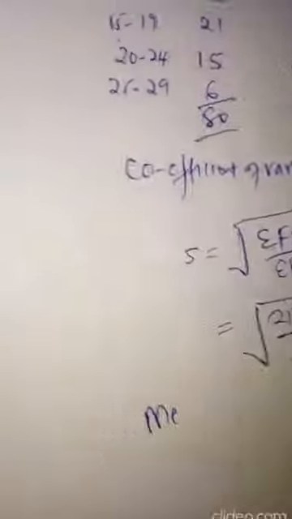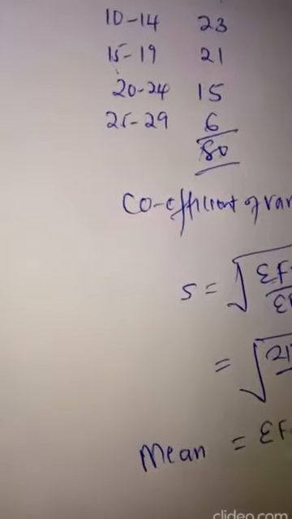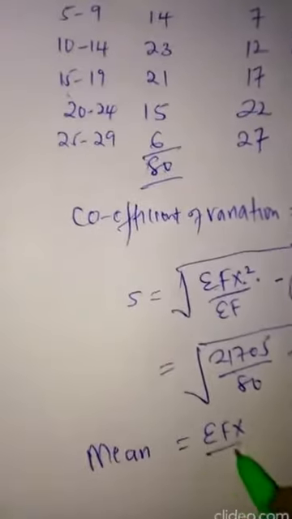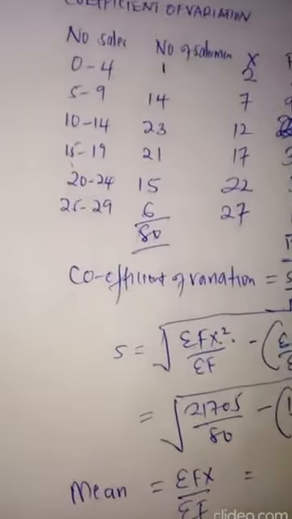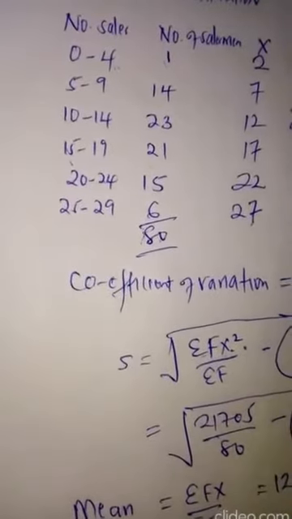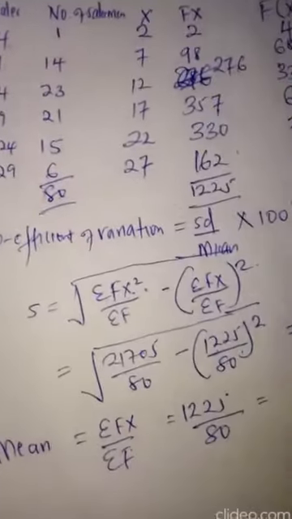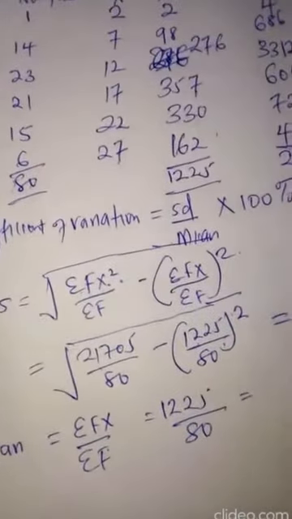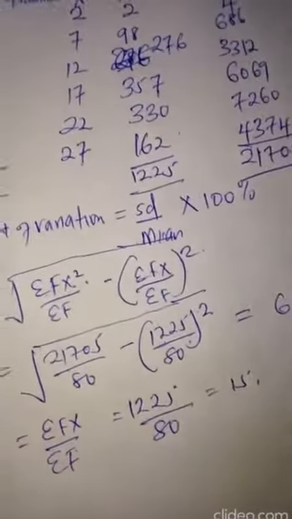Then you have the mean. The next thing you compute is the mean, and the mean is usually given by summation of fx all over summation of f, whereby you have summation of fx from here, which is 1225, then you divide by summation of f, which is 80. You compute this using your calculator, and you're going to get 15.3.